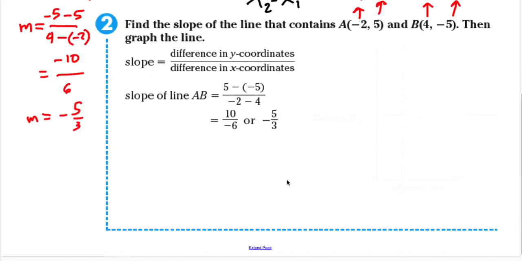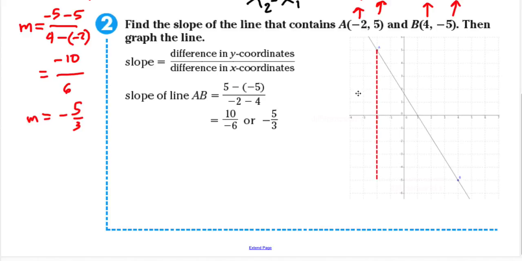And it says there, then graph the line. So to be able to graph that line, we need to graph negative 2, 5, and 4, negative 5. And our slope, after graphing it, you count 1, 2, 3, 4, 5, 6, 7, 8, 9, 10 going down.